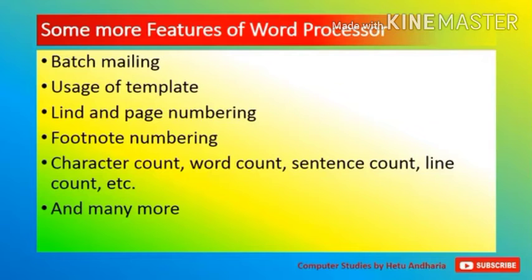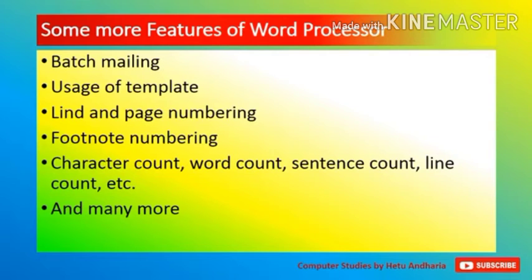Now, over and above these features listed, word processor also provides several advanced features like batch mailing that you will be taught in one of the chapters, using a letter template and an address database, that is called mail merge. Another facility is line and page numbering.